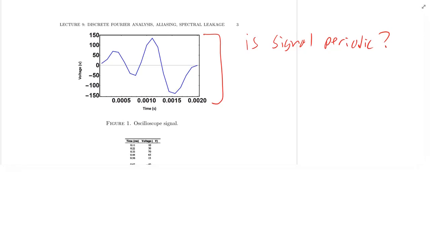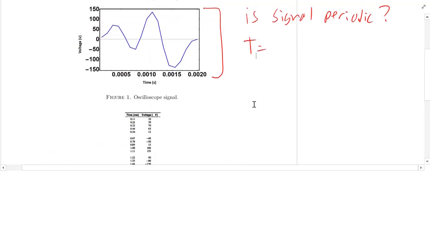But we've talked about this previously in the class: you could deal with any signal, whether it's periodic or aperiodic, using discrete Fourier transforms. So you don't have to worry about that. Because it's not periodic within this period, our period is just going to be this entire 2 seconds.